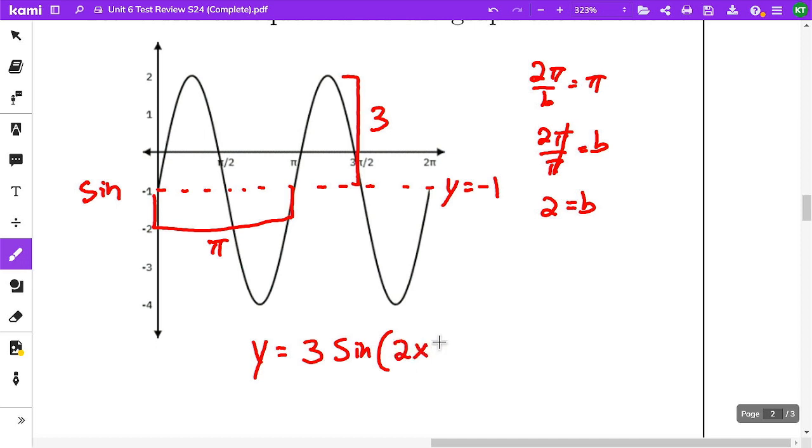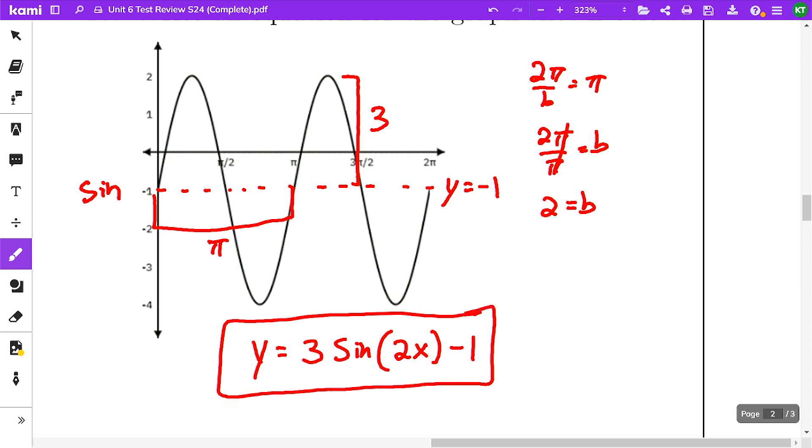So 2x, and then plus my vertical shift. Technically, we're going to be subtracting here because we're going down 1, so minus 1. So the equation for this graph here would be y is equal to 3 times sine of 2x minus 1. And that wraps up the first half of our Unit 6 test review.